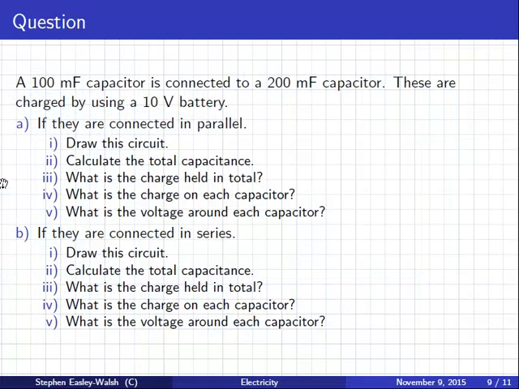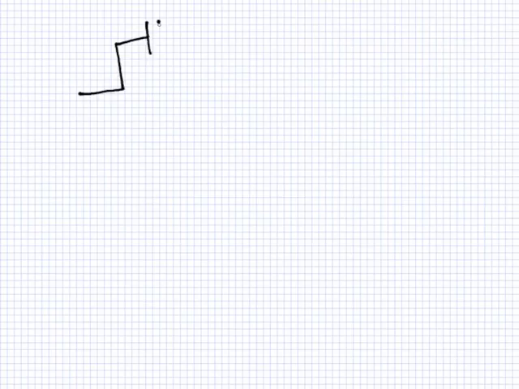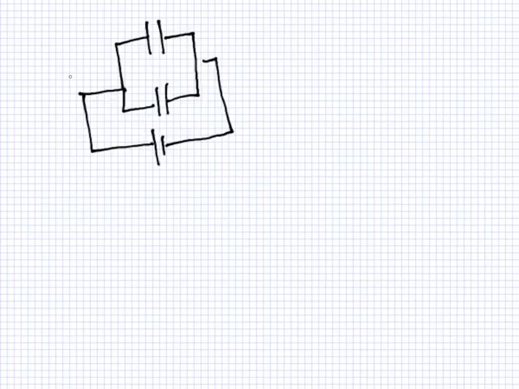So first question is they're connected in parallel. So that means they look like this. And there's a 10 volt battery here. So this is A part 1, 10 volts. And this is 200 milli, 100 milli.